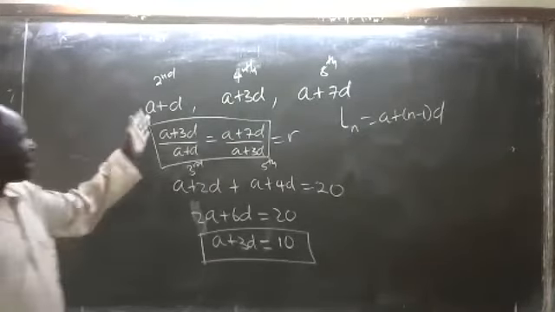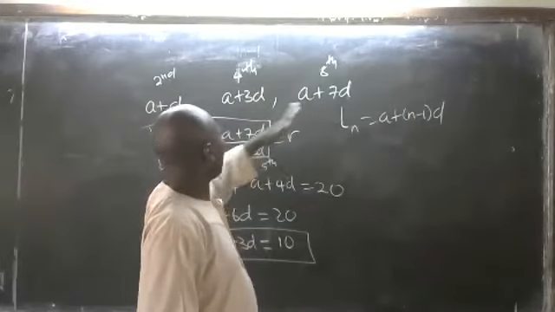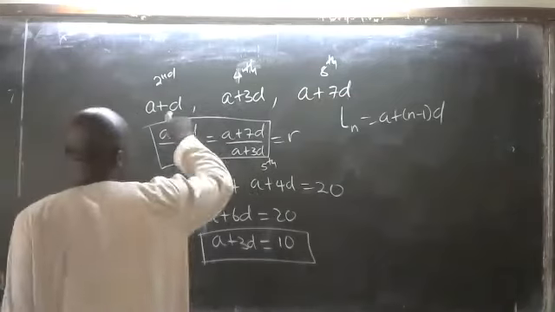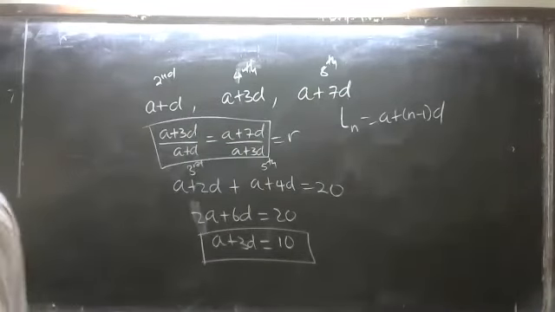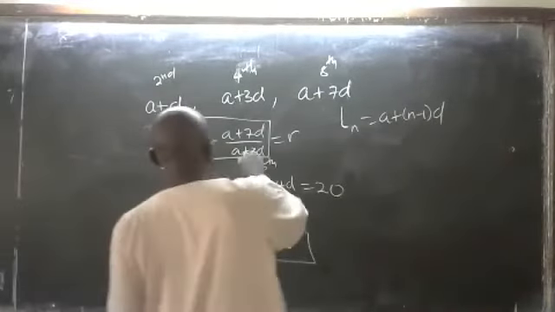So these terms are in AP form, but when you arrange them in this order, they form a GP. And in a GP, when we divide adjacent figures, you get a common ratio. Are we together now? Yes, teacher.